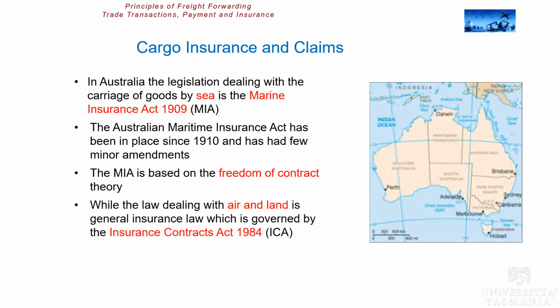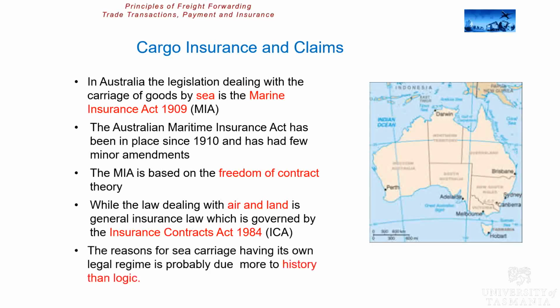However, if you're dealing outside of sea, you're dealing with air and land, so surface transport, a general insurance law is governing the movement of goods over air and land, and that's called the Insurance Contracts Act of 1984. Now, why are there two acts?